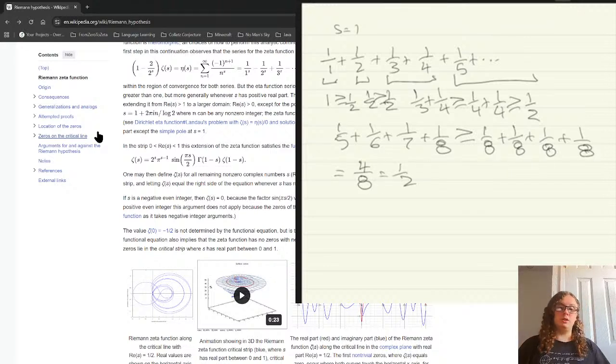And we can continue doing that. So in order to define zeta of 1, we need a different way of calculating the result, because zeta 1 does exist.